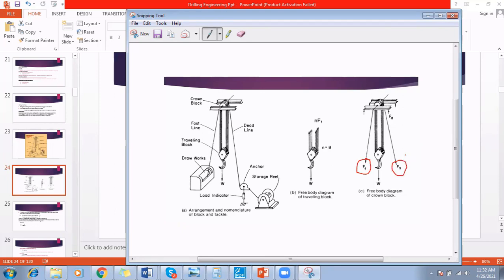FS is actually the tension or the force that is exerted on the dead line. This is related with the dead line. And FF is actually the tension that is exerted on the fast line. And this is the total load that is carried by the traveling block.